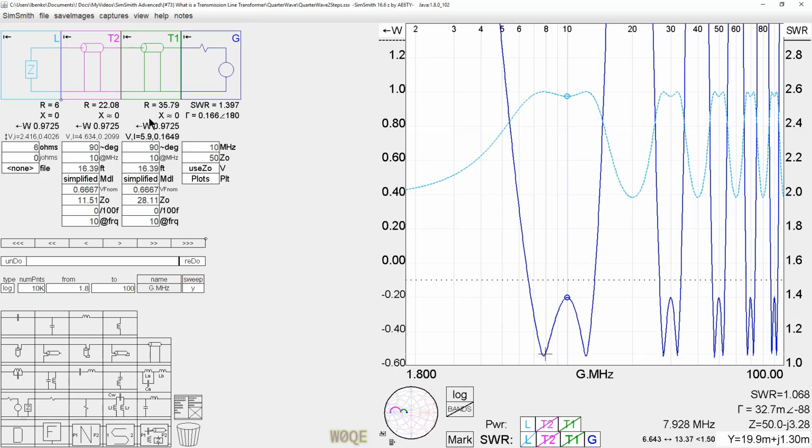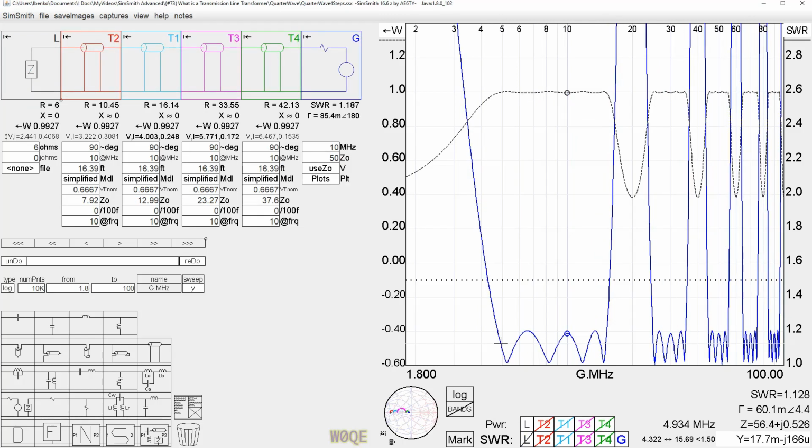But we can see that by using two sections, we can increase the bandwidth. And then finally, I have one more example here where I've used 4 sections, and we can see that the bandwidth is even increased more. The bandwidth goes from 4 to 15.7 megahertz. And we can see that this actually matches more than half the spectrum.